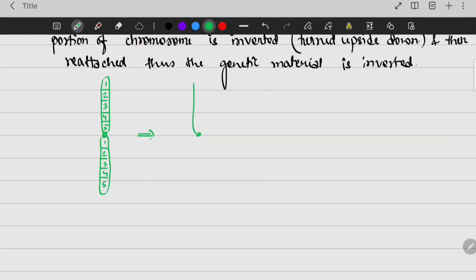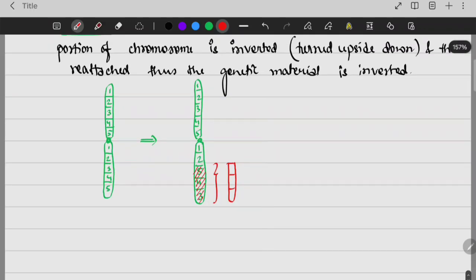Here I can see 1 2, now 5 4 and 3. So the problem here is present at this point. There is presence of inverted parts of the gene, that is 5 4 and 3. So inverted genetic material means inversion.